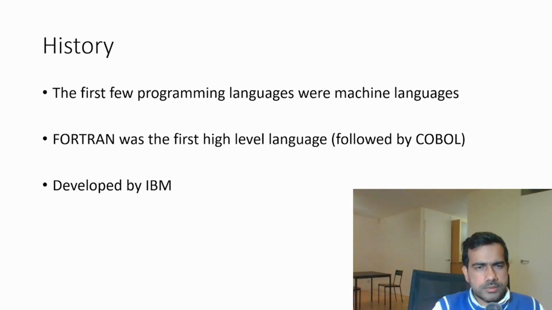But the first programming languages were primarily the machine languages. The codes were used to translate the instructions, and these electronic systems, computers, would understand them directly through these different codes. There used to be punch cards later on, and Fortran was the first high-level language.